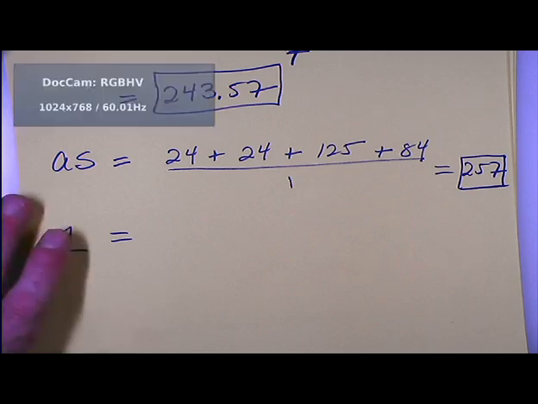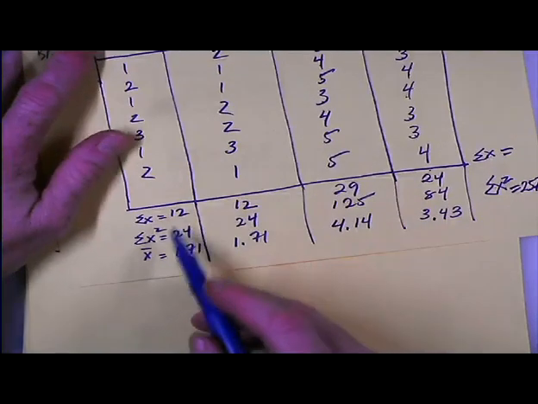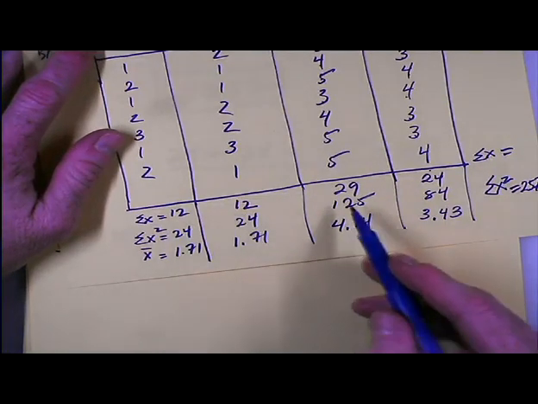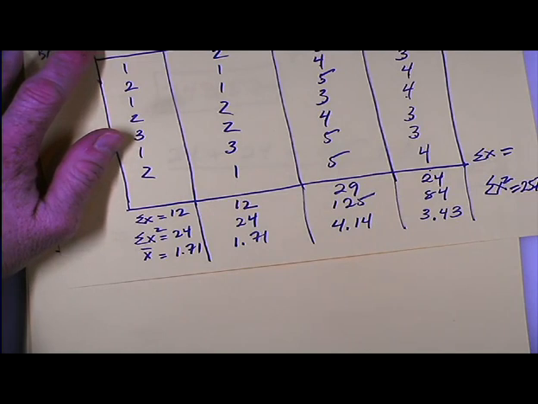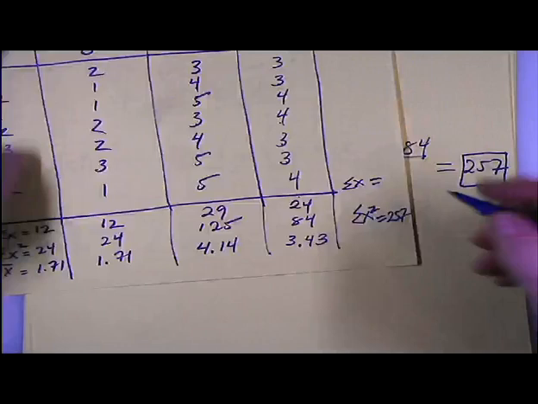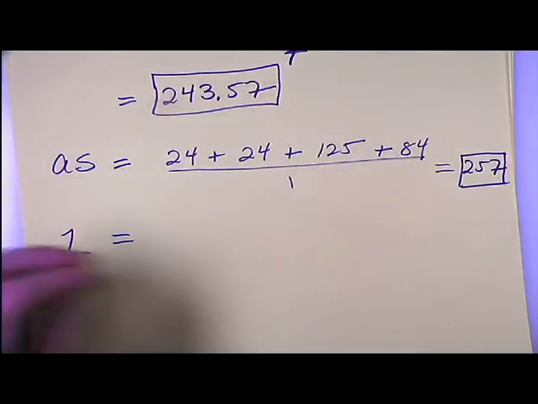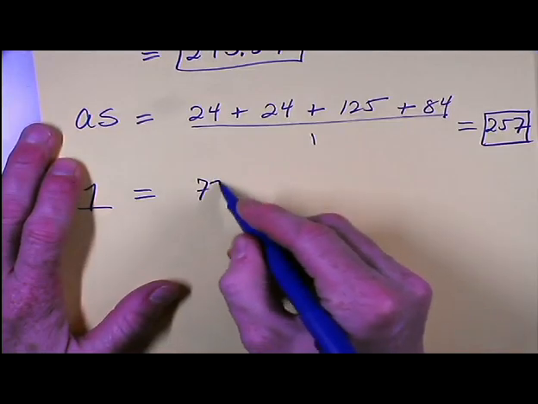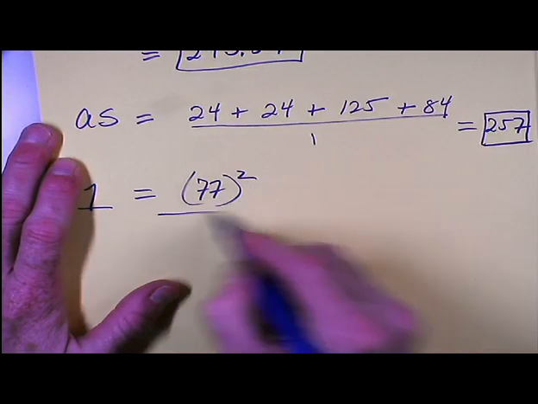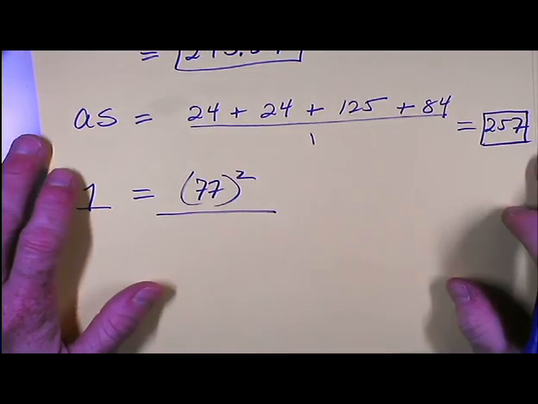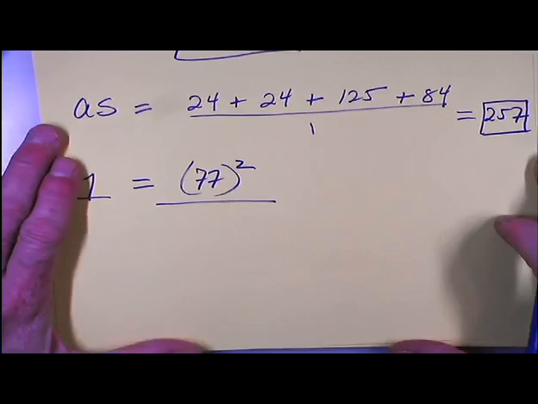So if we were to add this up, we've got 12 plus 12 plus 29 plus 24. So I got 77 total. The sum total of all the scores is 77. So this one would be 77 squared. And how many total participants, rats, subjects are there in this experiment?